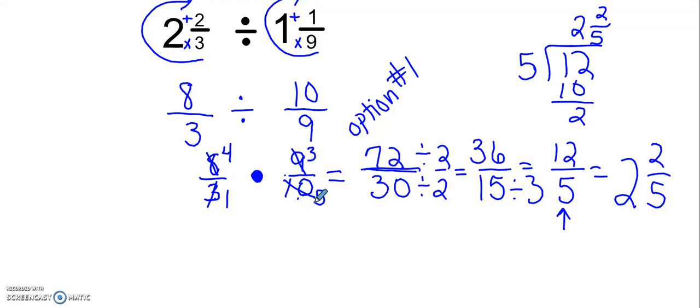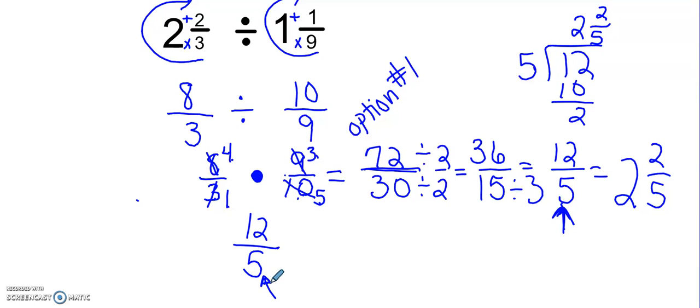Much easier way of doing it because now my simplifying will be easier. 4 times 3 would be 12. I'm going to work down on this problem. And 1 times 5 is 5. And look at that. Once again, I got the same answer here as I got here. So I do recommend cross-simplify before you multiply.